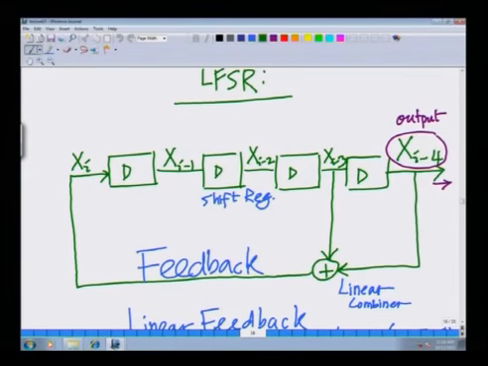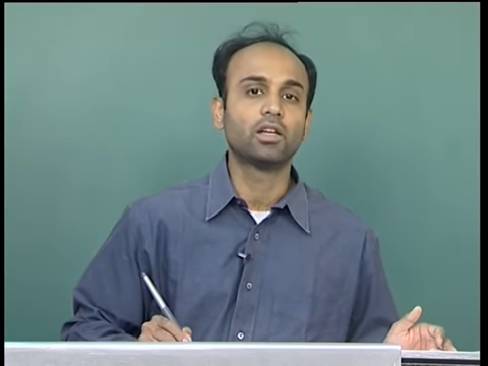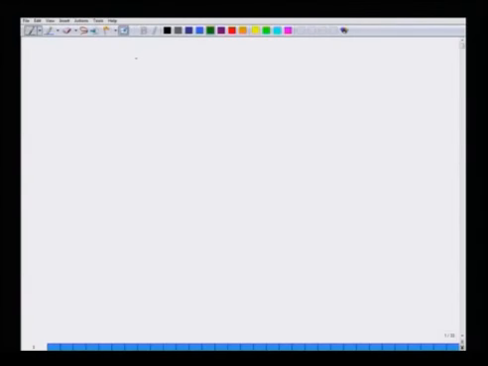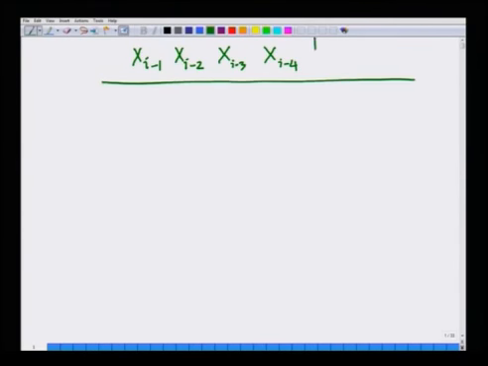With that, let us discuss the output and the behavior of this linear feedback shift register. All right. So, I will write here 4 columns: xi minus 1, xi minus 2, xi minus 3, xi minus 4, and xi is generated, remember, as xi minus 3 XOR xi minus 4.